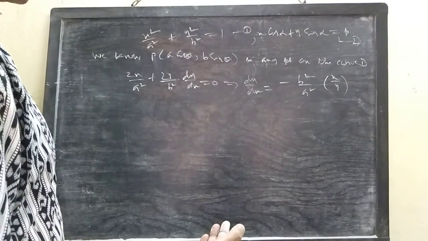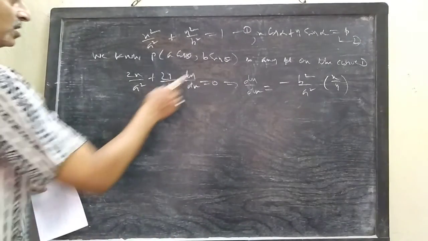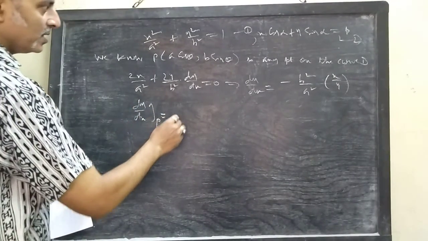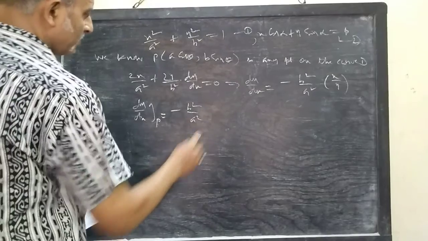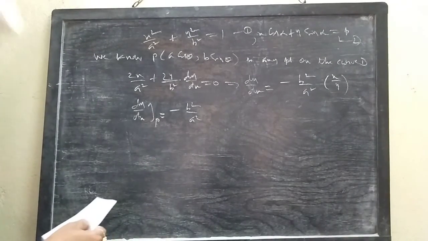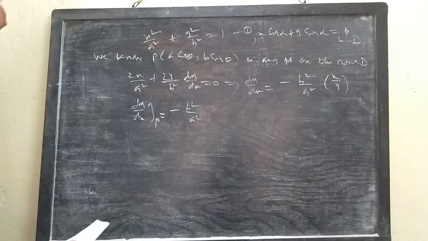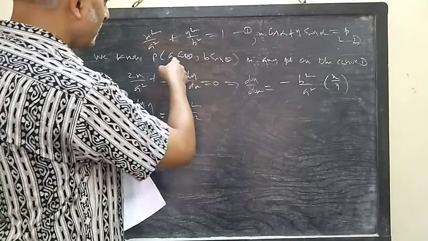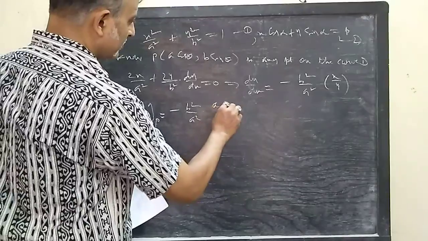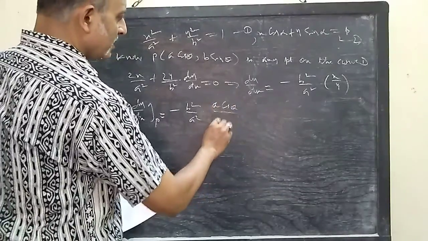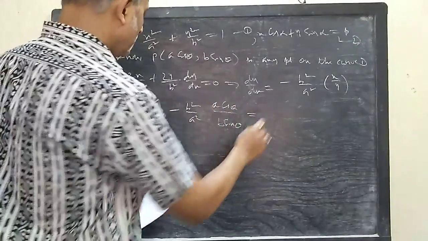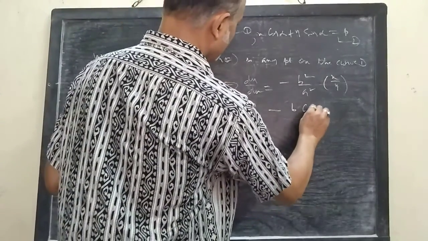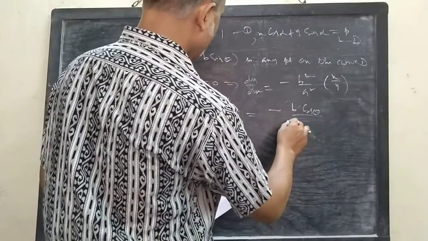Now dy dx at P: minus b square by a square into, instead of x we write a cos theta, by b sin theta. So ultimately you get minus b cos theta by a sin theta.